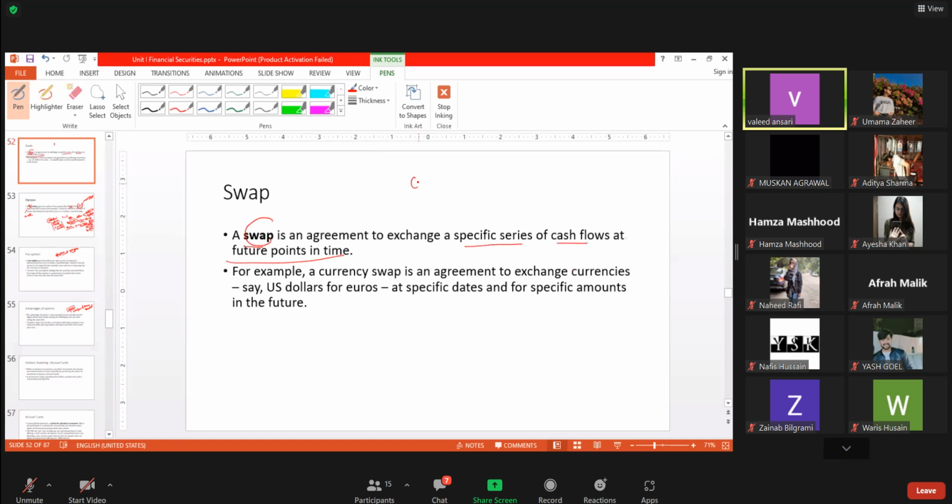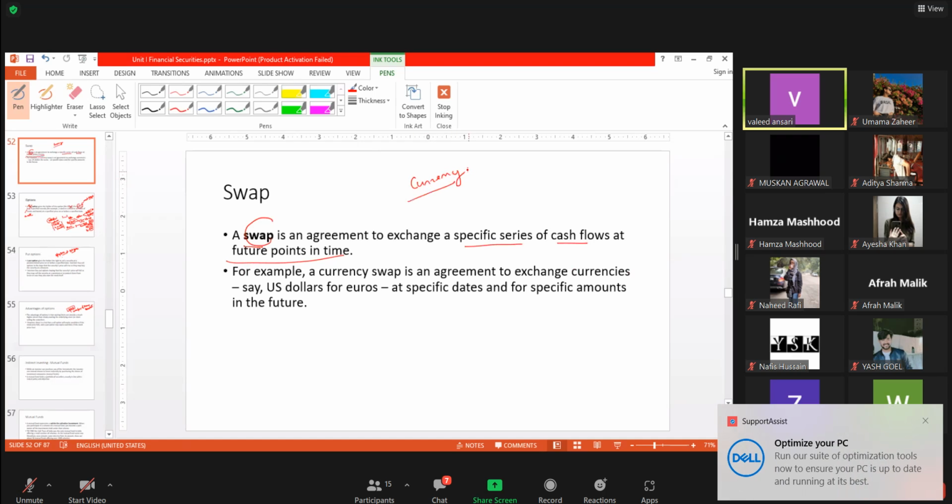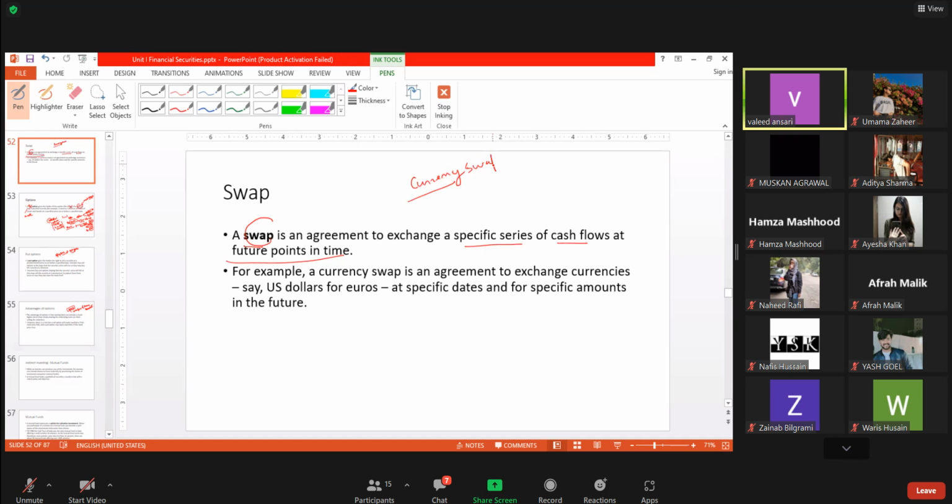Two representative examples of swaps are the currency swap and the interest rate swap. Again, this is a part of international finance, which I have also taught for decades, more than 15 years.